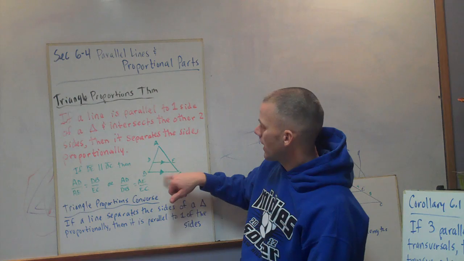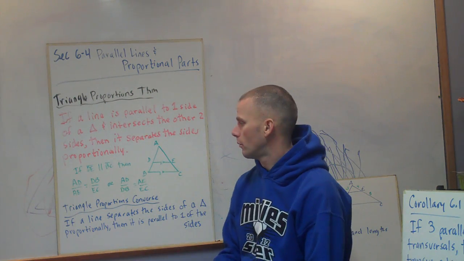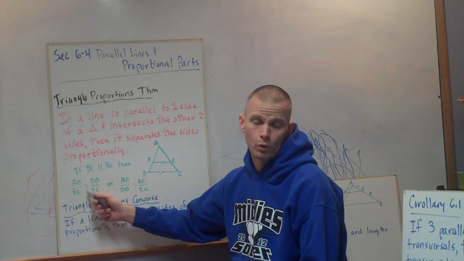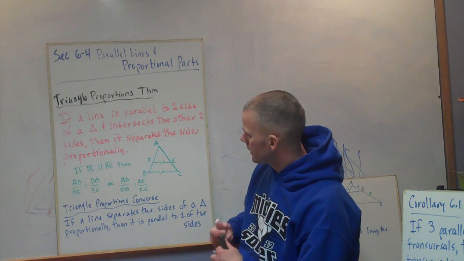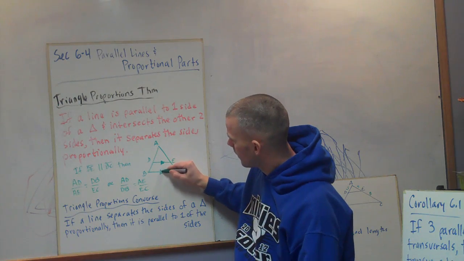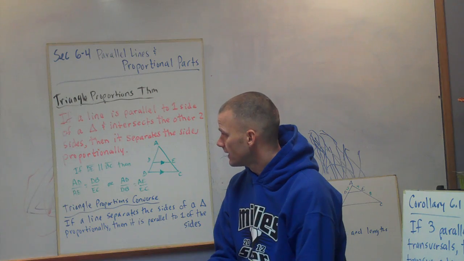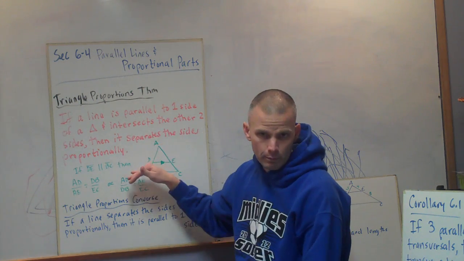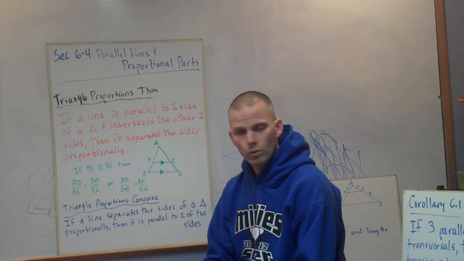So basically saying, if I didn't know that those were parallel, but I knew that one of these proportions was true, and if one's true, the other one's going to be true as well, then that means that these two segments would have to be parallel to one another. So it just works both ways. If they're parallel, they cut proportionally. If they cut proportionally, then you're going to have some parallel segments within that triangle.